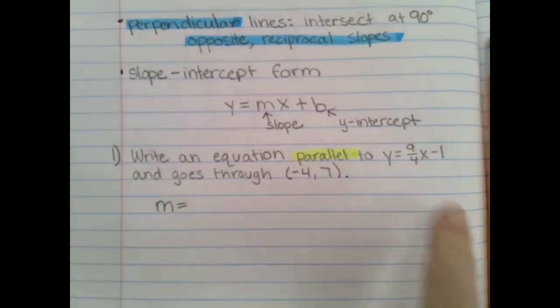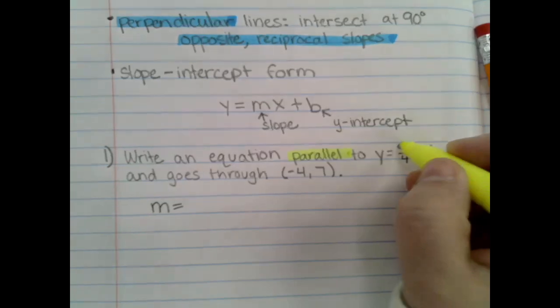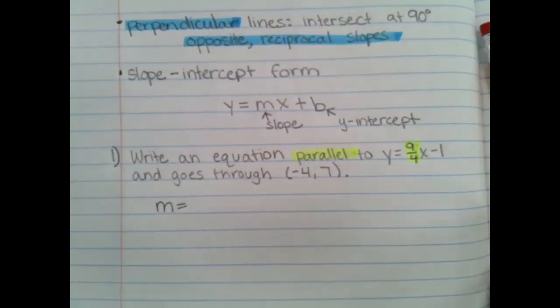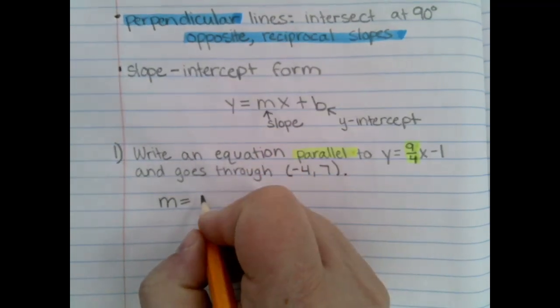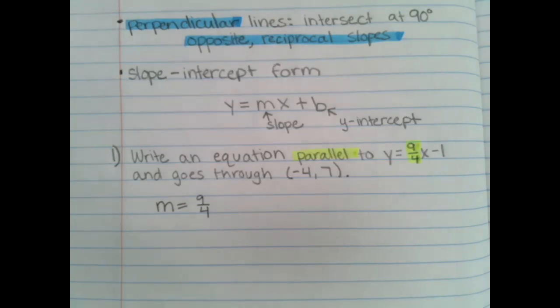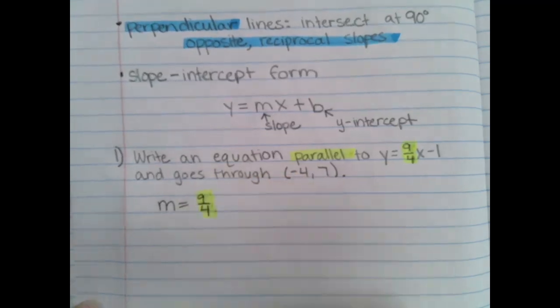So what is the m from this equation? Good, 9/4. That's our rise and our run, 9/4. So my new slope is still going to be 9/4.